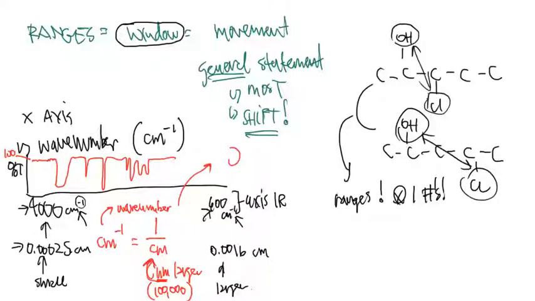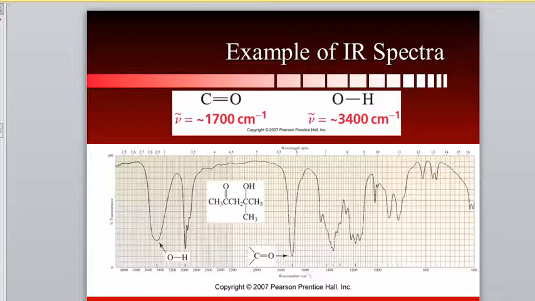All right? So in this spectrum, what you will eventually find out is that if the molecule has a C double bond O present, you will see an absorption that happens at 1700 per centimeters.